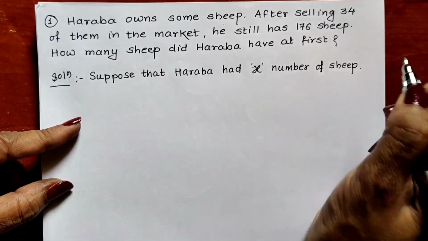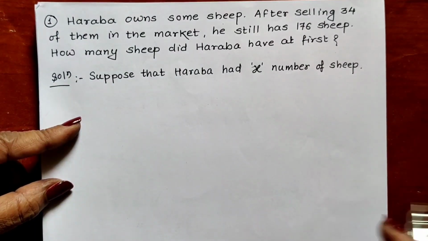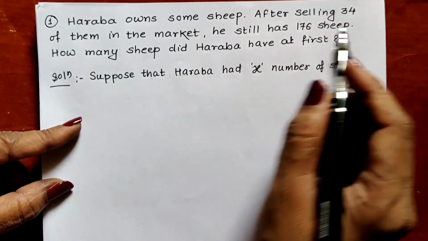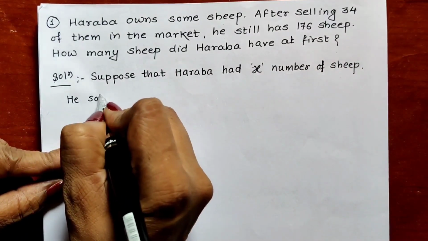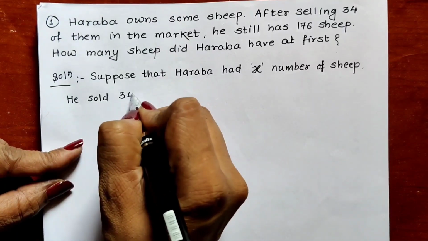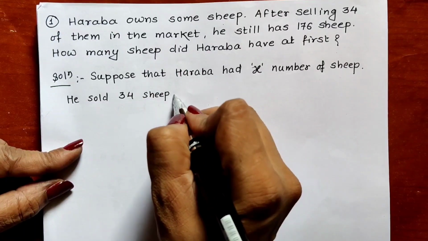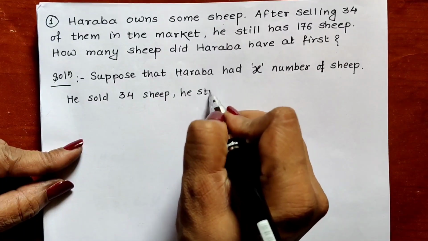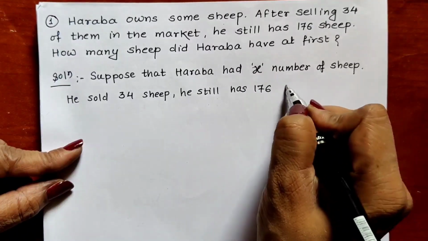We don't know how many he was having, so we have to take them as X number of sheep. Now he sold 34 of them. He sold 34 sheep. He still has 176 sheep.